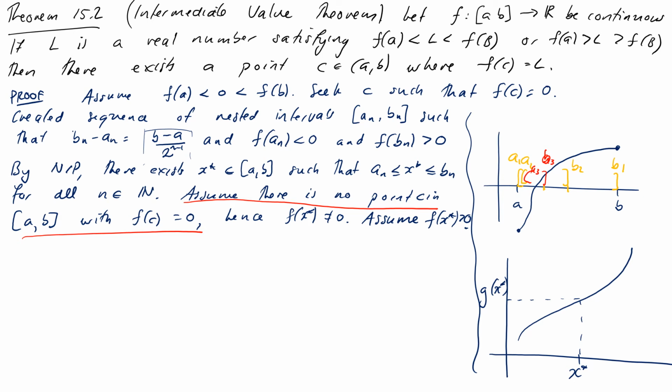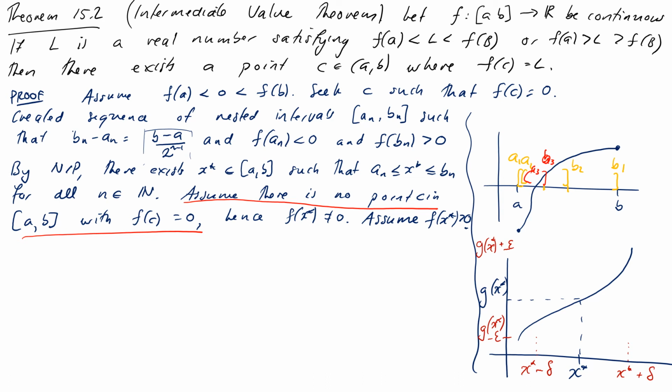That means we can specify an epsilon band around g of x star so that, if we choose this value of epsilon small enough, then we can force the function over this whole interval, x star minus delta to x star plus delta, to be positive.